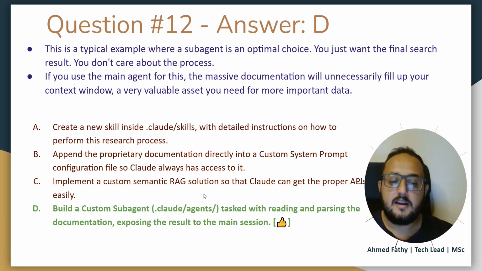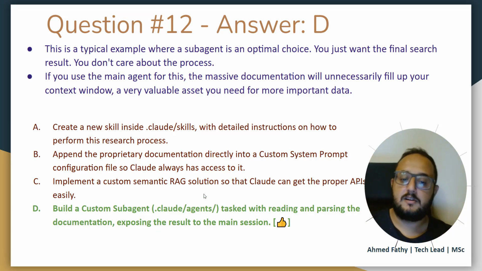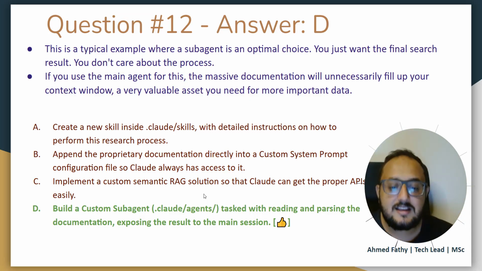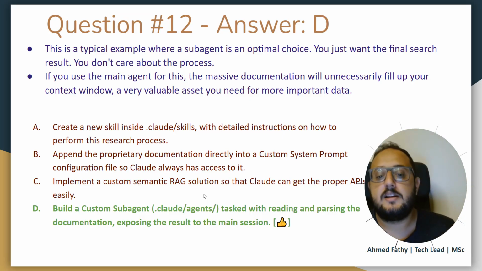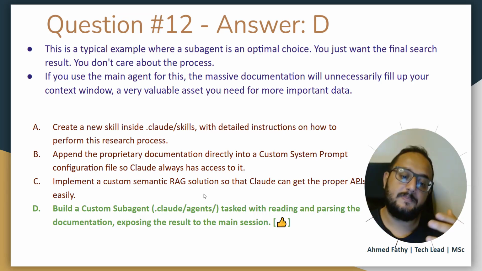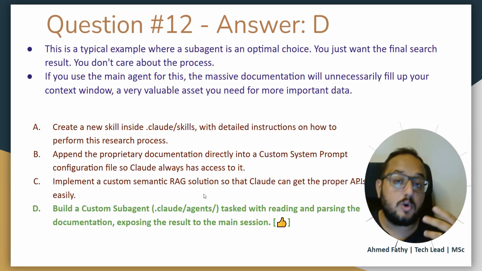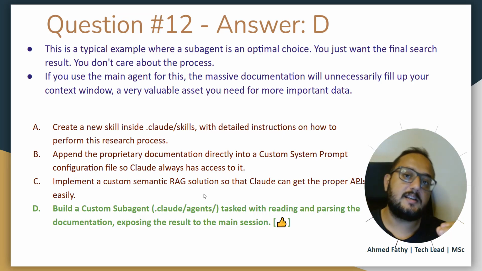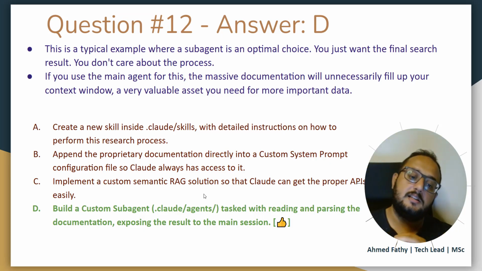So here you will be forcing Claude to use semantic RAG, which maybe it is fine, but right now, Claude Code actually uses a different way of searching in code bases and in documentations.